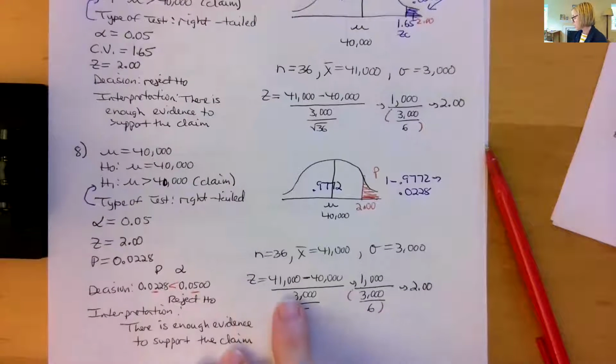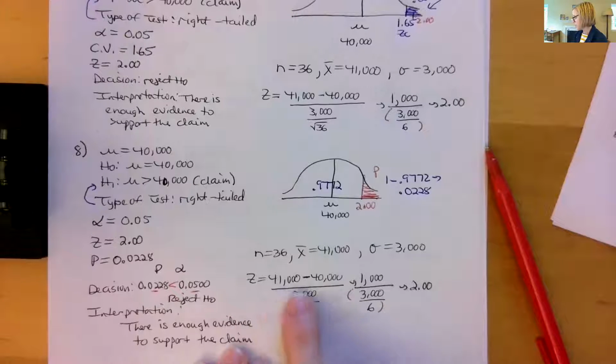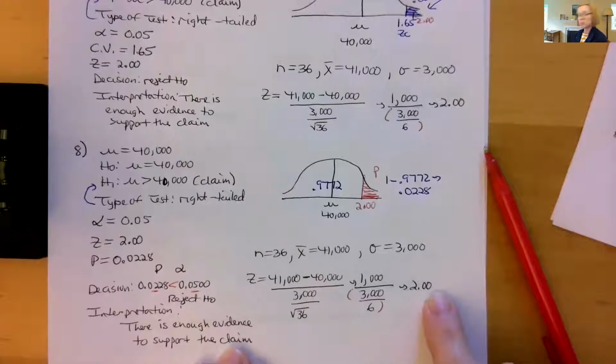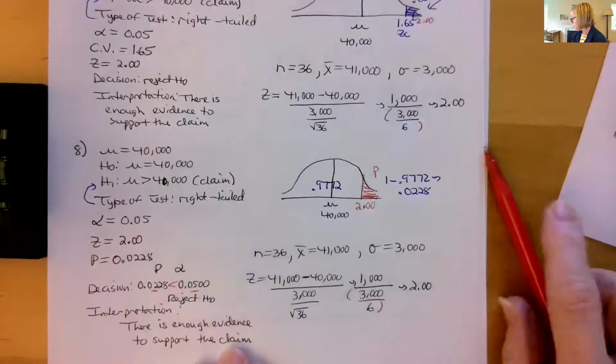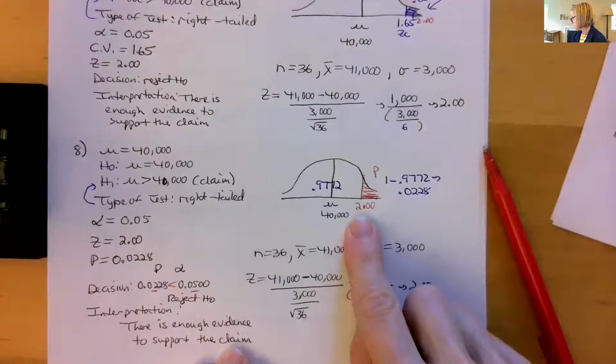We calculate our z-score, taking x bar sample mean minus mu 40,000 population mean over population standard deviation sigma over the square root of n, the sample size. We're going to get the same answer here. First, you take the square root of 36, then you divide, which gives you 500, and gives you 2.00 for your z-score. Now to find our p-value, we put 2.00 for our z-score here.